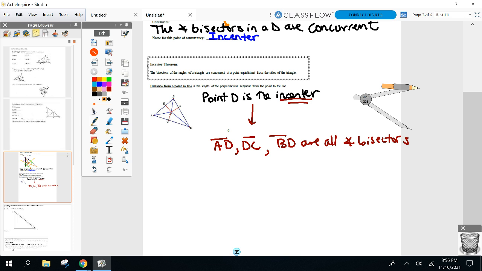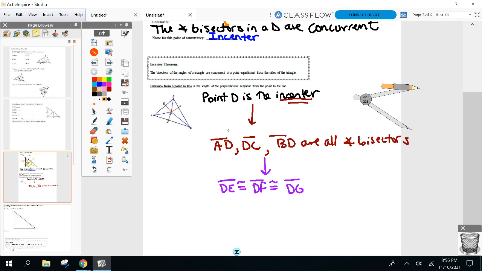From here, now I can use that special property, which is the incenter is equidistant from the sides. So take a look at my diagram. D to E, D to F, D to G, all congruent to each other, by saying the incenter is equidistant from the sides.